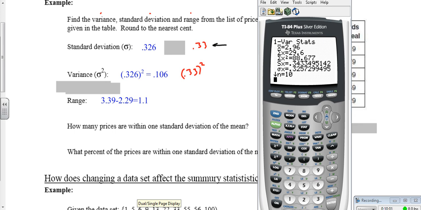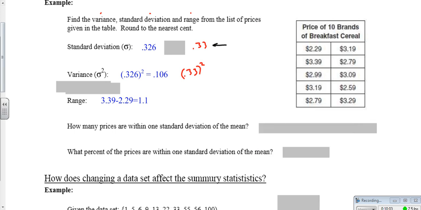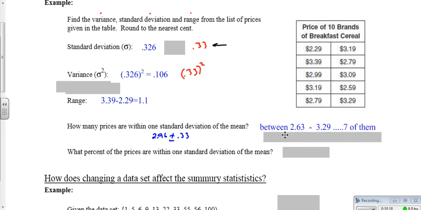So I would take 2.96 and I would add the standard deviation, and I would also subtract it, and that would give me a window. So that would give me between 2.63 and 3.29. Again, if I add 0.33 and subtract 0.33 from the average.